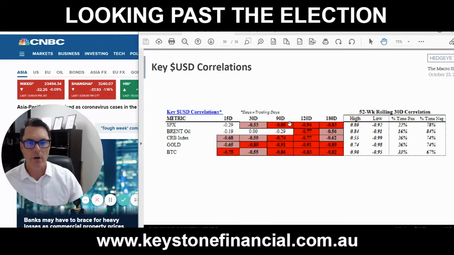Over a longer term, 90 days, 120 days, the correlations for most asset classes are quite strong. But there's one in particular I want to focus on, and that's oil.